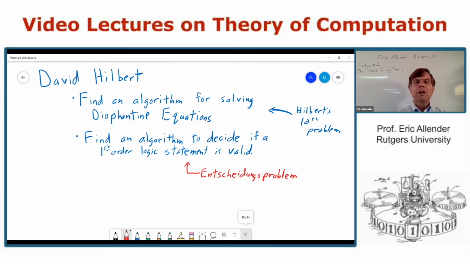There's a very close connection between these problems, actually. And Hilbert apparently never even contemplated the possibility that these algorithms would not exist. But Church and Turing were largely motivated by trying to show that, in fact, there cannot be an algorithm.